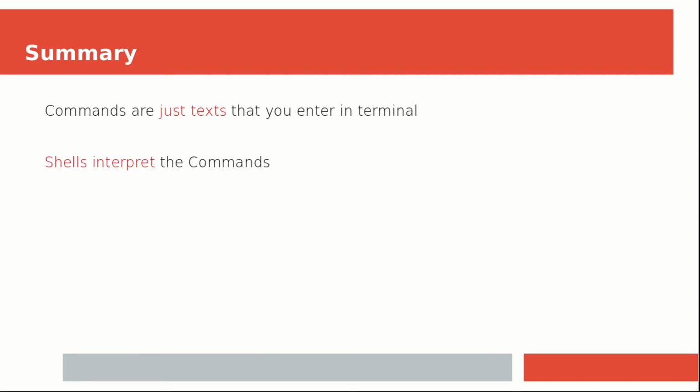So that's all for this chapter. Just to summarize, we got to know in this chapter that commands are just text that you enter into the terminal, but this text is interpreted by a program called the shell. The shell we mostly use in Linux is the bash shell, and commands can be interpreted differently by different shells.